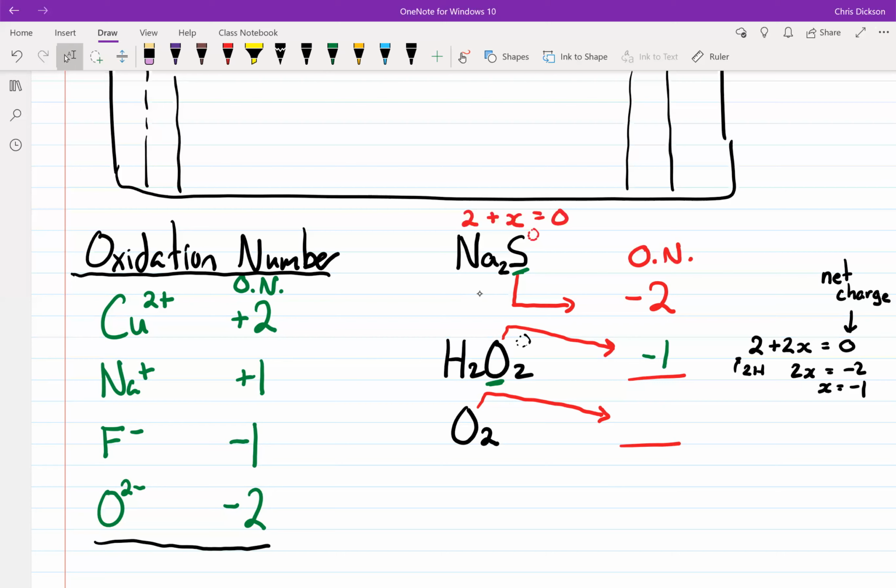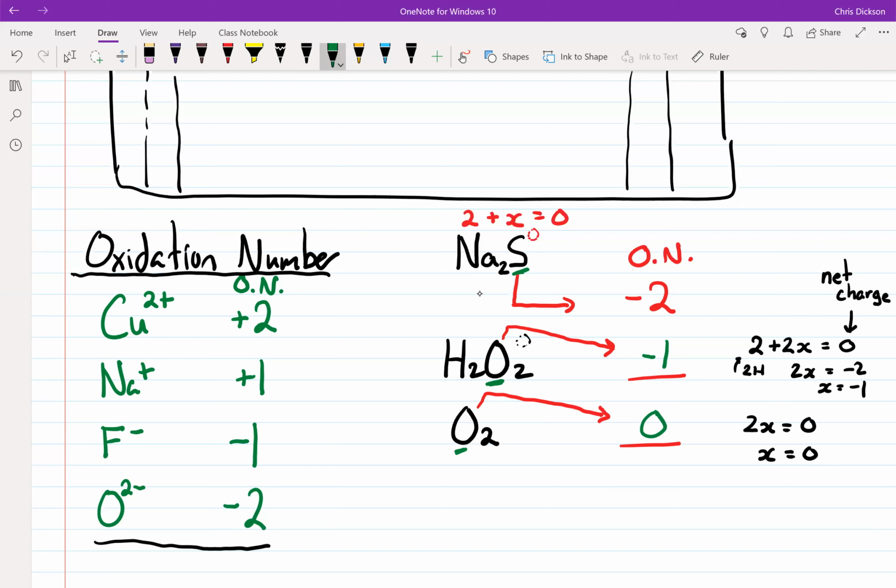What do you think about the diatomic molecule of oxygen gas? Well, if we use the same technique here, we've got two oxygens, and they would have an oxidation number. The net charge on that is 0, which means we divide by 2, and we get 0 divided by 2, which is 0. So this oxygen, in that form anyway, would have an oxidation number of 0.